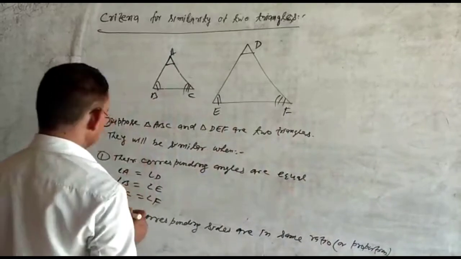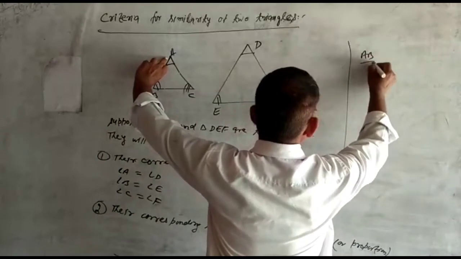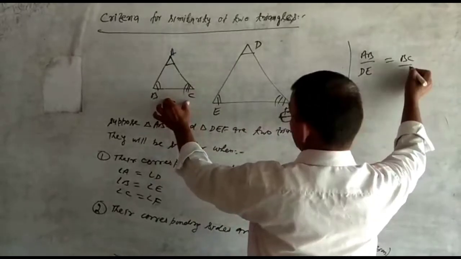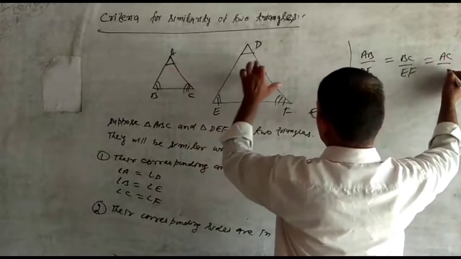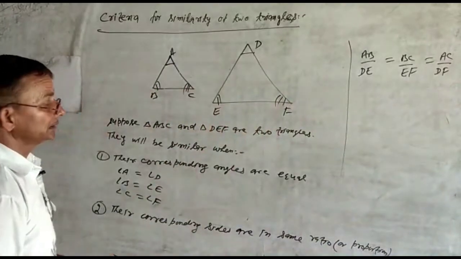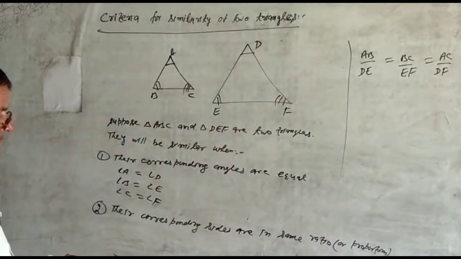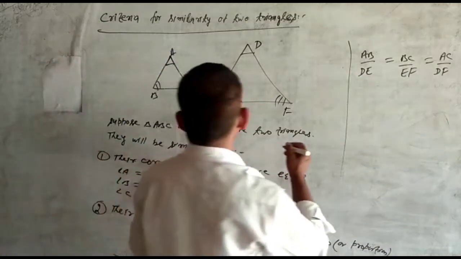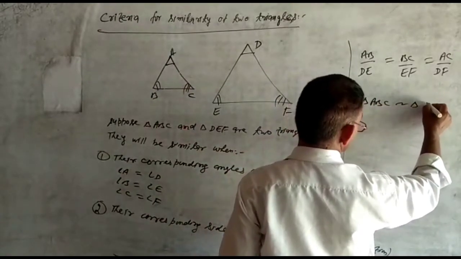By figure, if AB upon DE is equal to BC upon EF is equal to AC upon DF, then triangle ABC will be similar to triangle DEF, and we can write triangle ABC similar to triangle DEF.